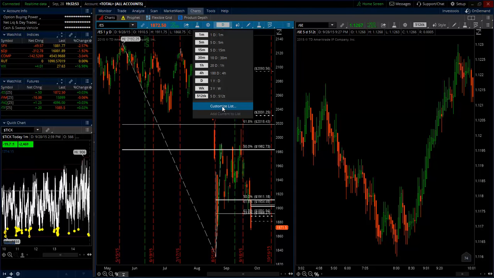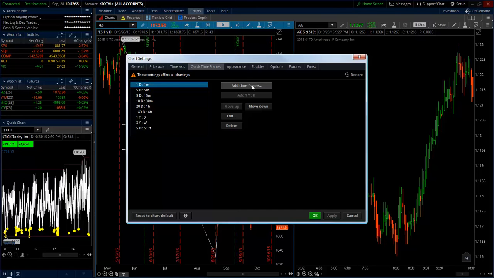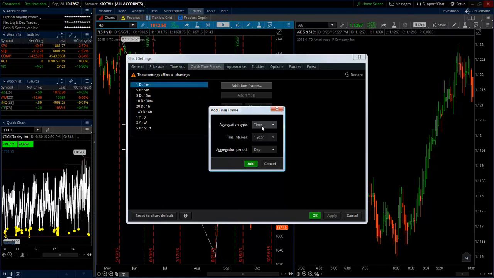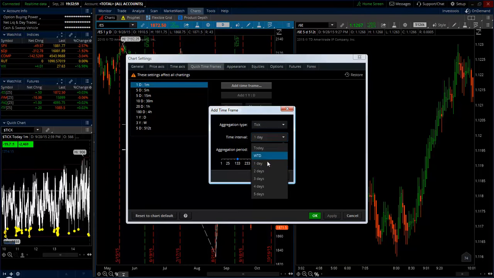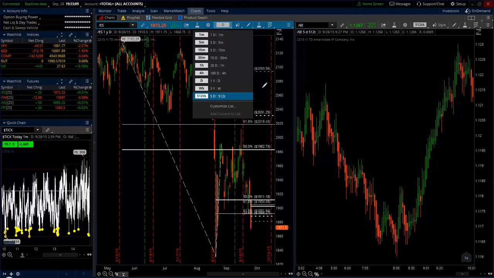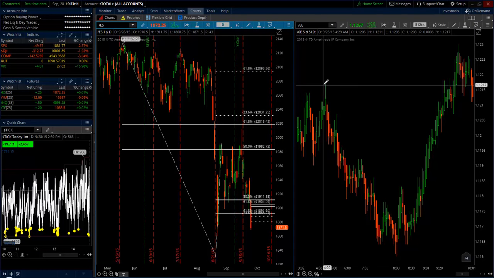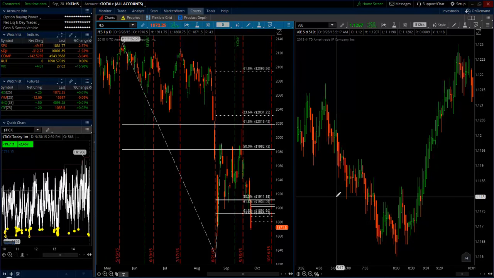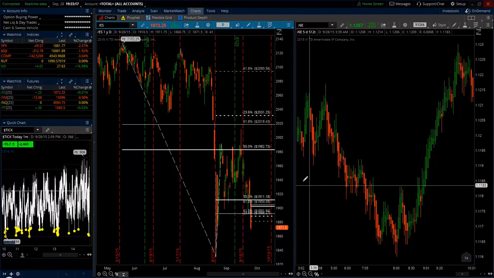If you go to Customize List and then Add Time Frame, you can change it to tick, go to the most days in the list, drop it down to 512 and hit Add, and that will add 512 to the bottom of the list. Those are the two adjustments I made to make my charts a little more familiar to my eyes.